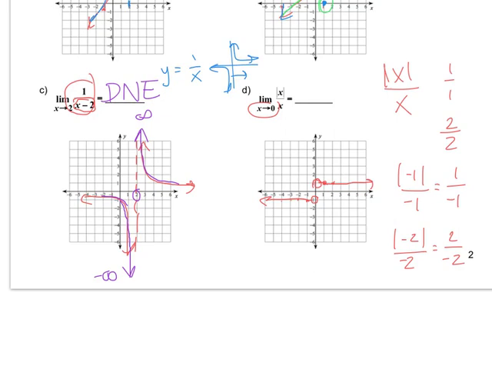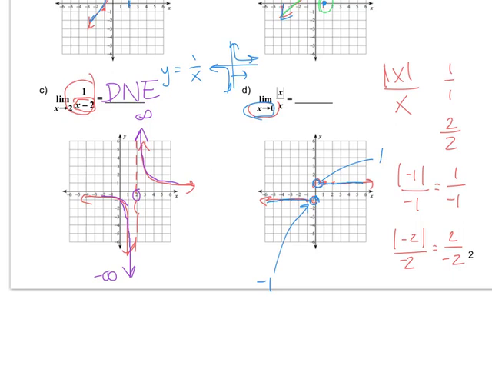We want to know what the function is approaching as x approaches 0. As x approaches 0 from over here, my function is approaching the y value of negative 1. So we would think negative 1 would be the limit. But if we look at this direction, as x approaches 0, our function is approaching positive 1.